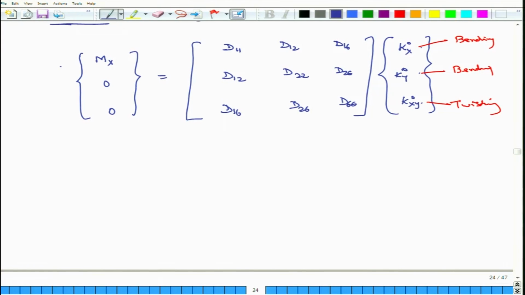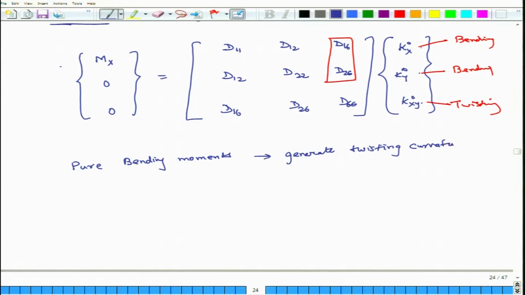In that case, if D16 and D26 are non-zero, then pure bending moments, so Mx is a purely bending moment, generate twisting curvatures as well, because D16 and D26 are not 0.